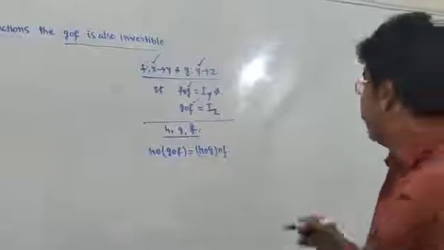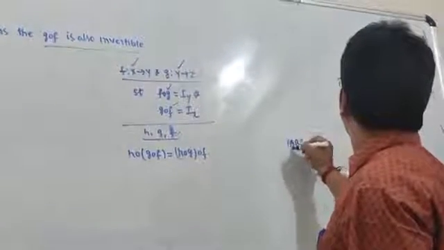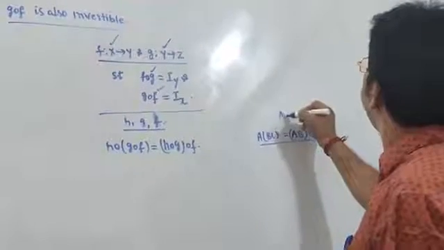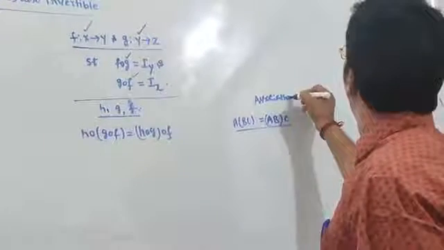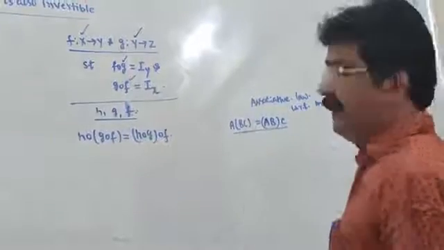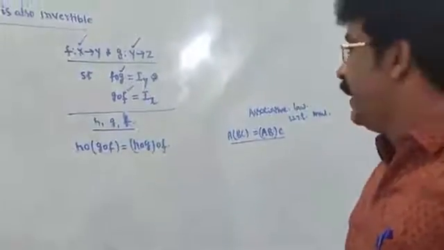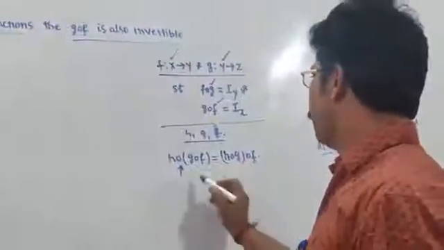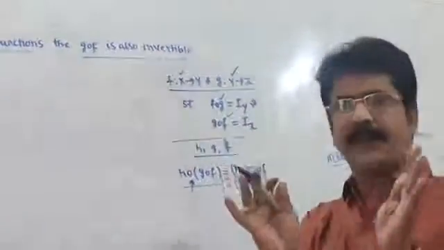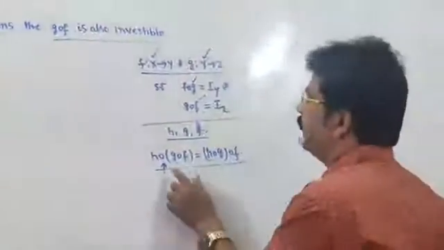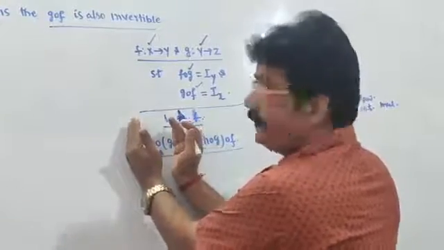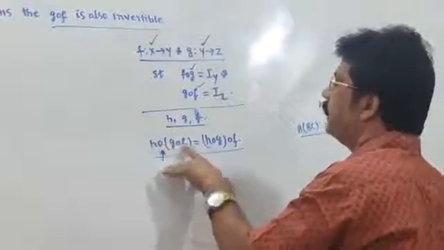Actually, in matrices we wrote A(BC) equals (AB)C. It is called associative law with respect to multiplication. With respect to composition, it is also called associative law. Associative law means we are just changing the bracket, that's all.